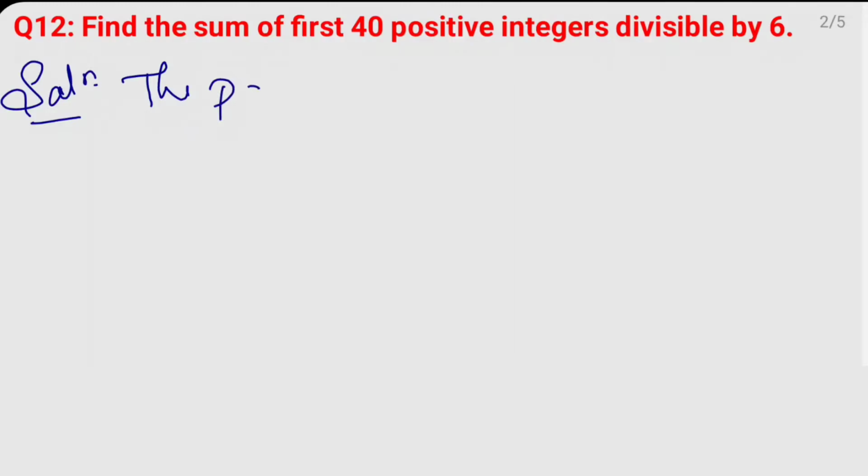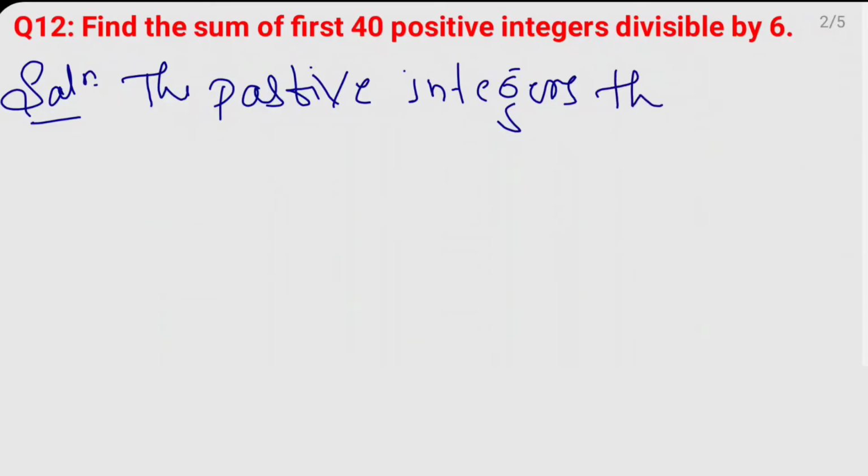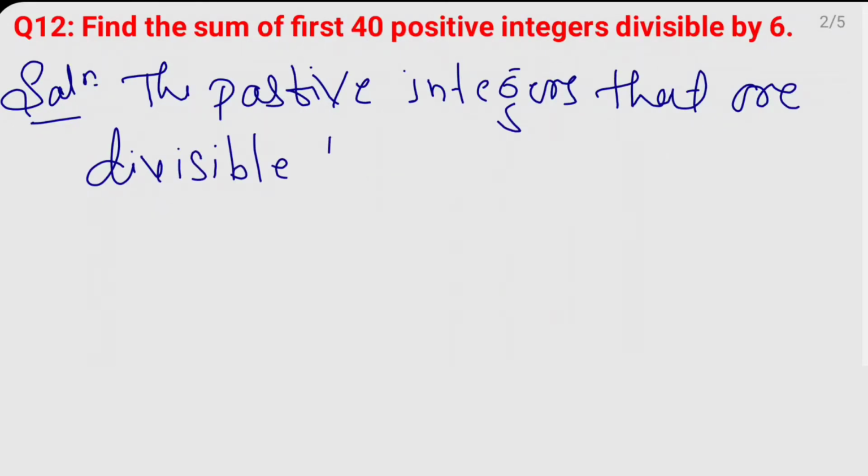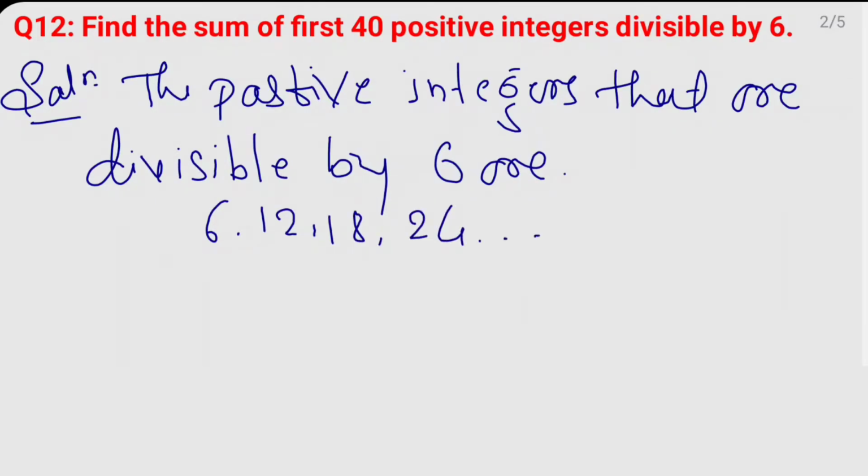The positive integers that are divisible by 6 are 6, 12, 18, 24, and so on.